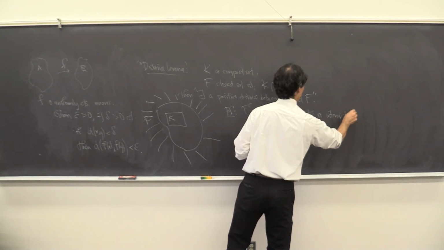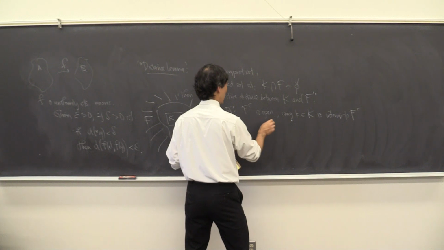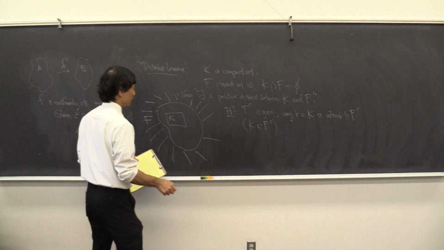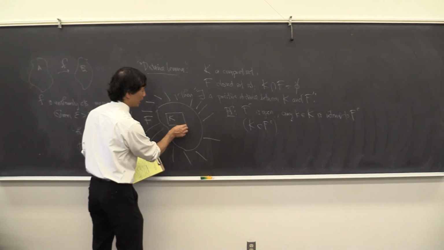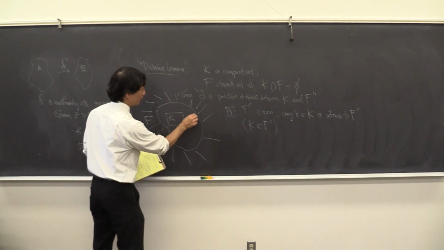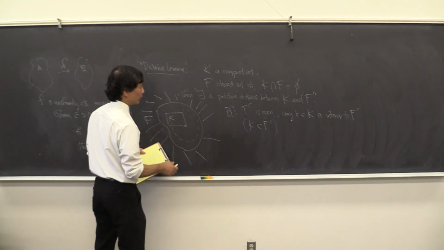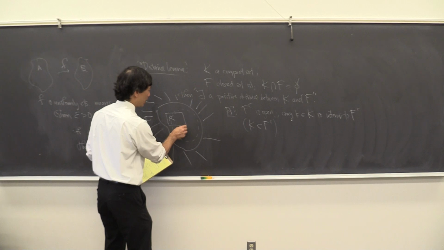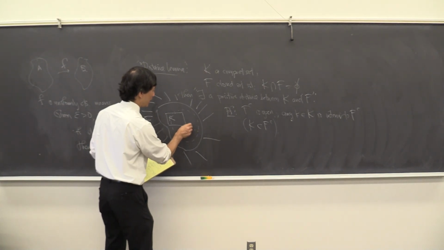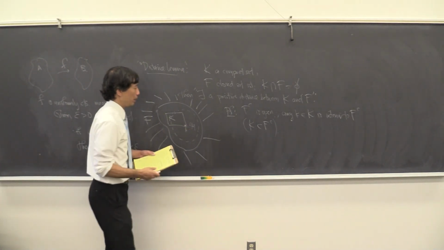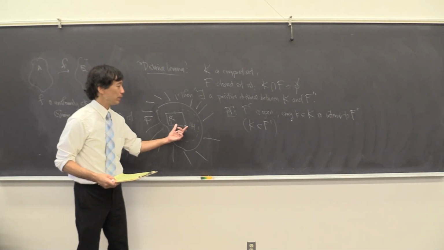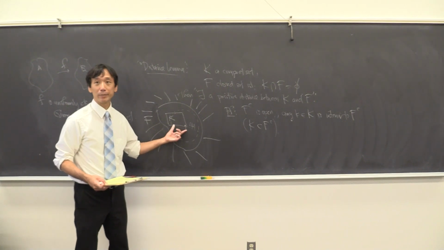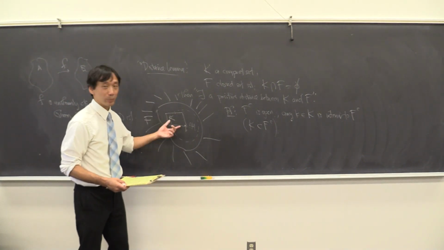Because K is inside of F complement, every point here can be given a neighborhood that doesn't intersect F. So for every point k, we know that there's some radius delta k such that the neighborhood of radius delta k doesn't intersect F. And then you play the normal trick.